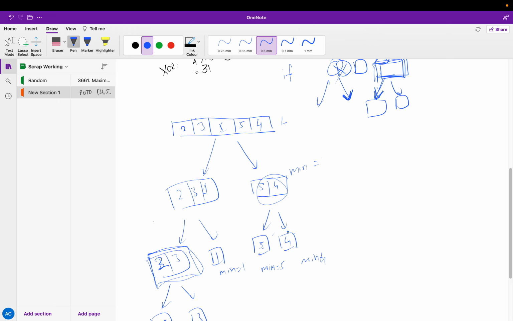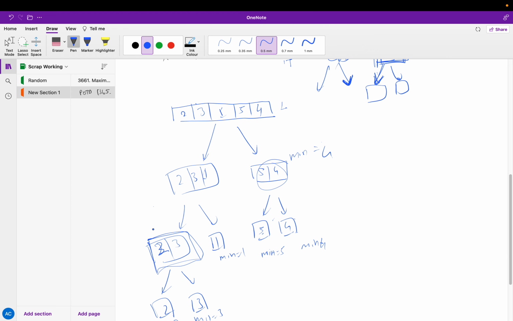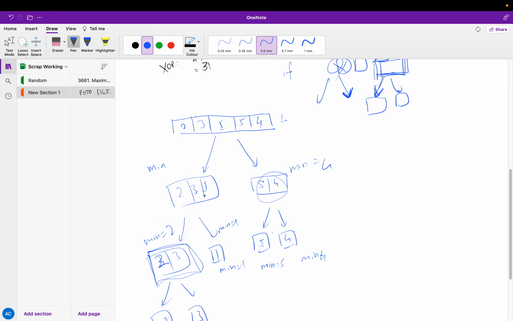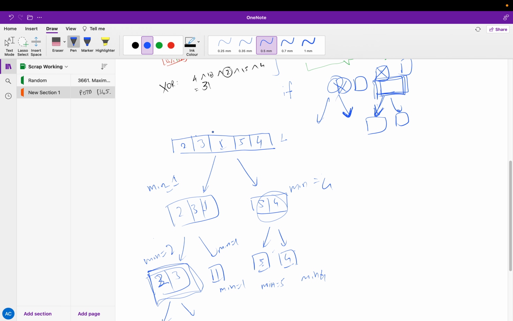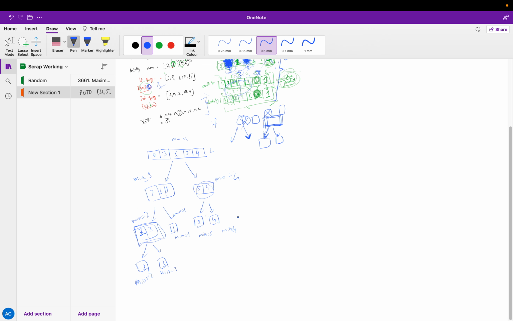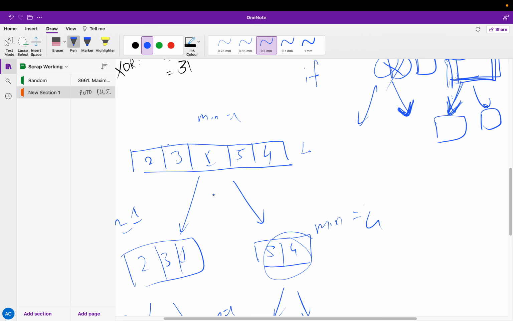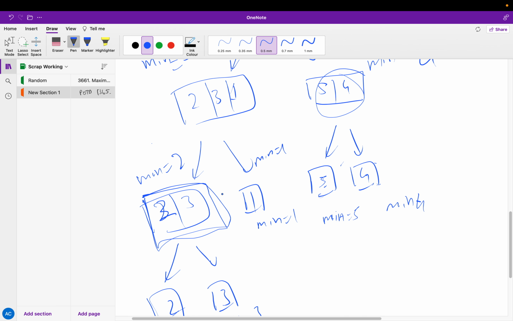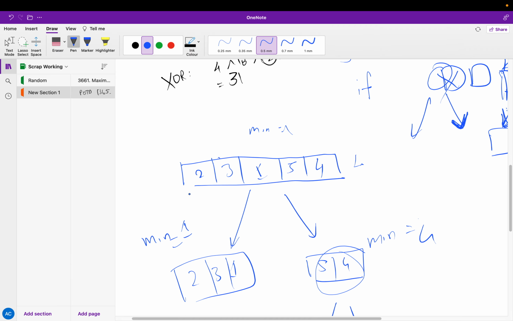What's the minimum of these two kids? 4. Of these two? 2. Of these two? 1. And these two? 1. And these two? 1. So you can do min range queries, finding the minimum quite quickly if you have it structured like this.